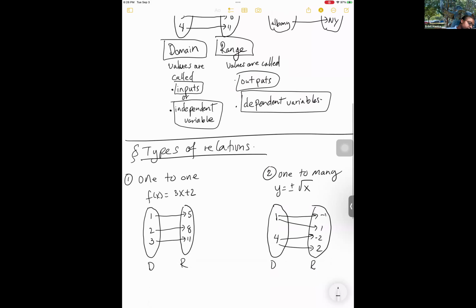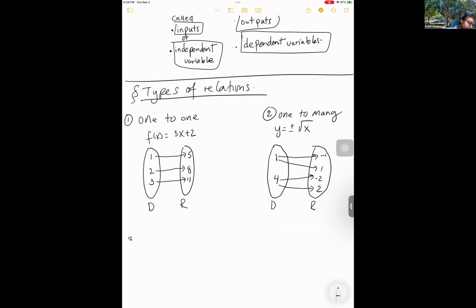The next kind of relation is a many-to-one relation. And in a many-to-one relation, an example of a many-to-one relation is f of x equals x squared.